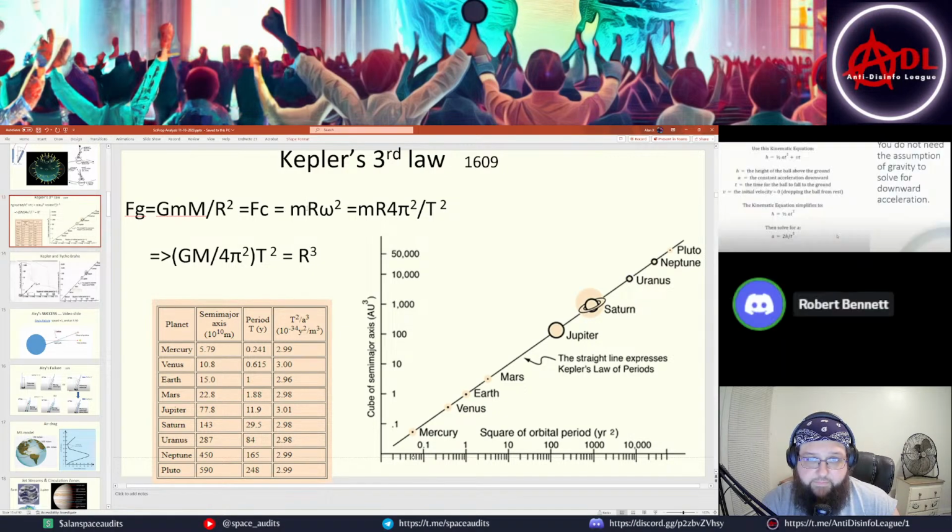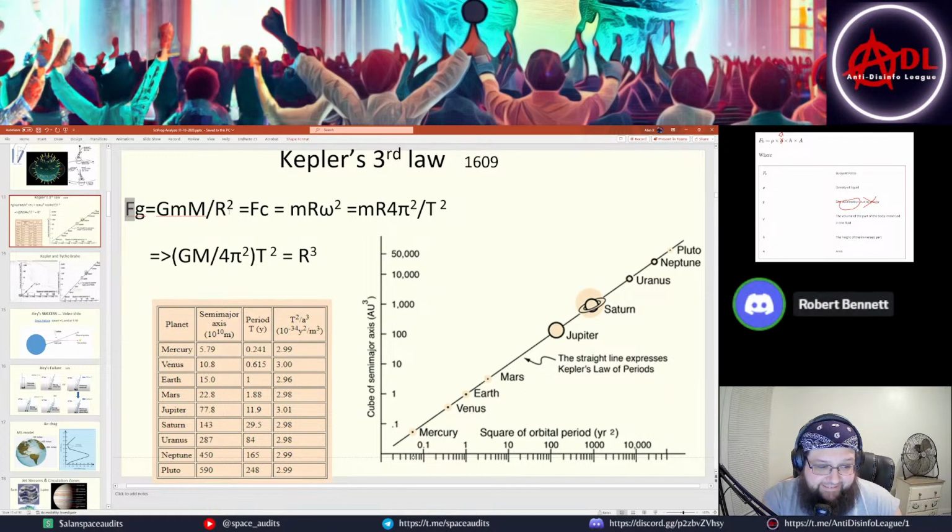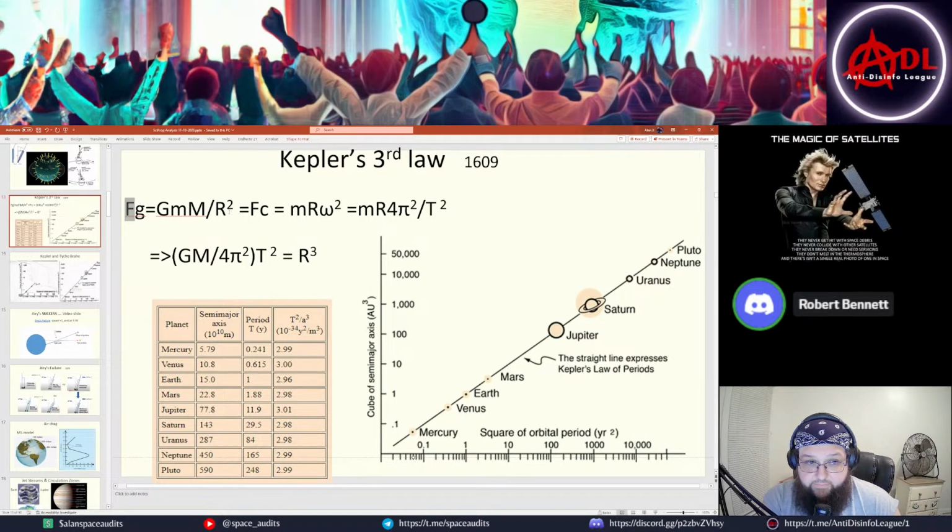Actually, the GM, capital GM that you see in the numerator, can be considered to be just another constant. G times M is just another constant. And if you use Newton's law, you can derive Kepler's law. But the m's cancel out, which means it doesn't depend on the characteristics of what you're measuring.